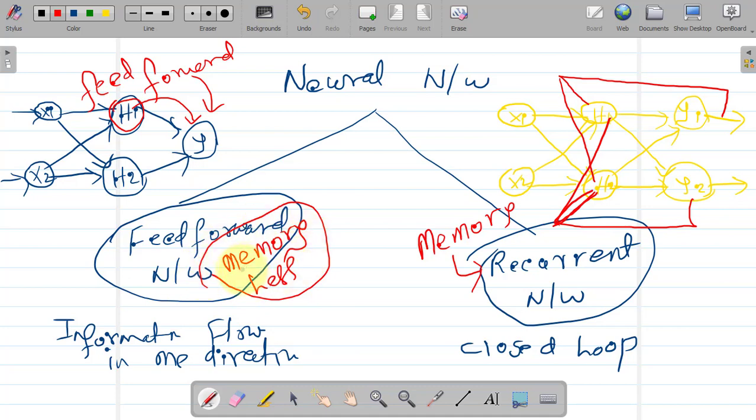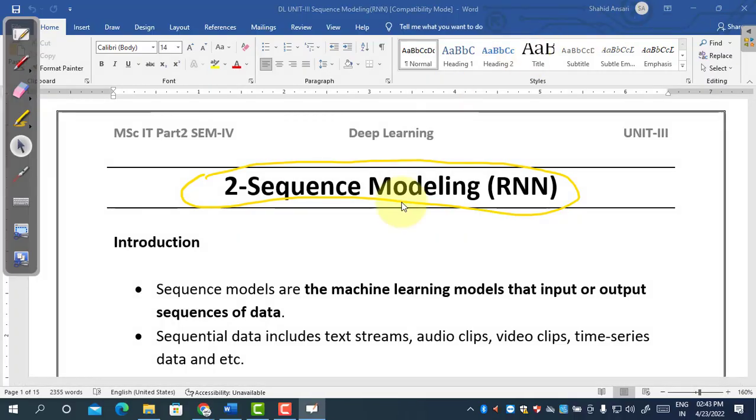But in case of sequence modeling, we have to store some output. हमको कुछ ना कुछ output store करना पड़ेगा. Therefore, in sequence modeling, RNN is used. RNN is one of the very important neural networks that is used for sequence modeling. Now, first of all, we understand what is this sequence modeling.